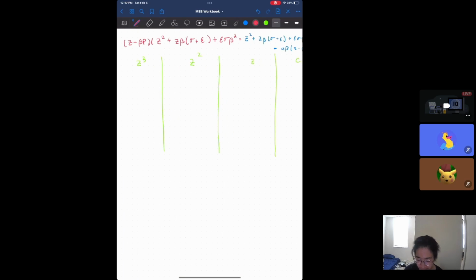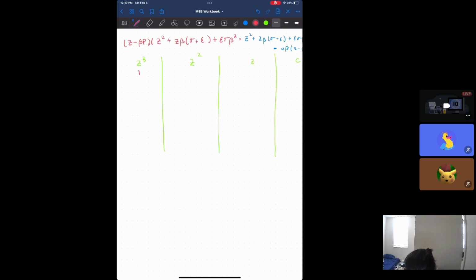Okay, starting with the left-hand side, z times z squared is equal to z cubed with a constant of 1. So we'll put 1, right? And z times this expression is a z squared expression.